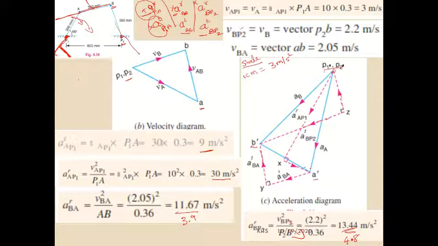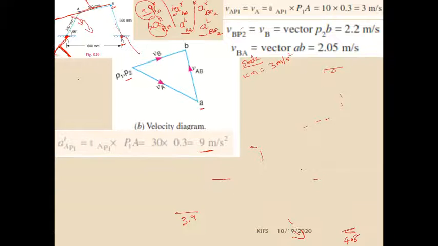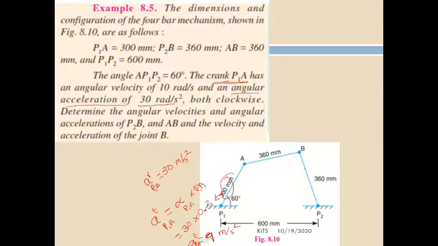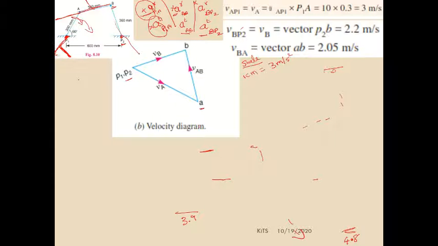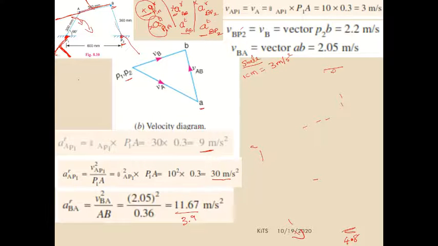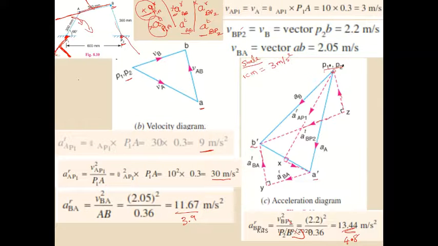Okay. What is the question they have asked? They have asked us to find the angular velocities and the angular acceleration of P2B and AB. First of all, let us find the angular velocity of P2B. Okay.